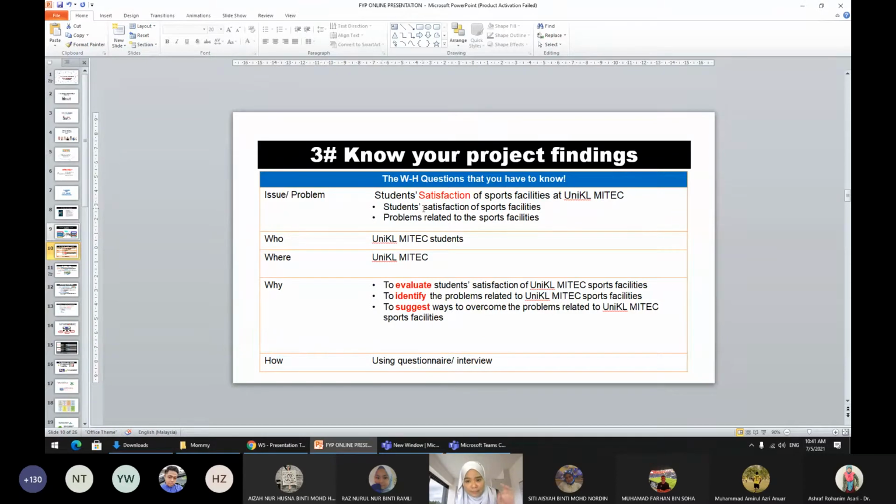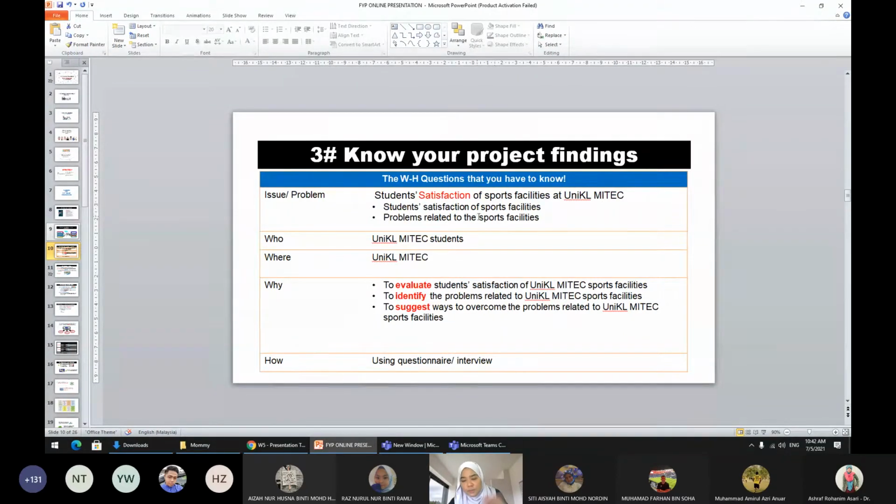For example, it might not be relevant to your program or to your studies, but this is just an example. So the WH questions that you have to know: the issue or problem of your project. Example here, students' satisfaction of sport facilities at UniKL MITEC. What you should know is basically the problem of your project.